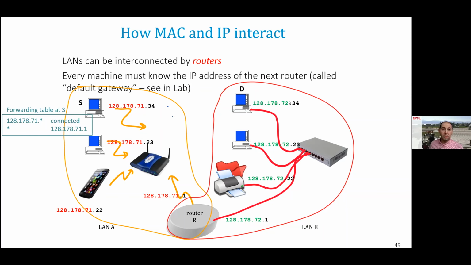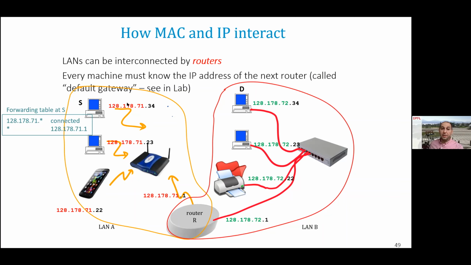So the destination address of D is this one. There's no match with the first entry. So in this case, S has no other choice than sending this packet to the default gateway, which is the one of the router. So at the IP layer, at the network layer, the destination of the packet is D. It will not change.